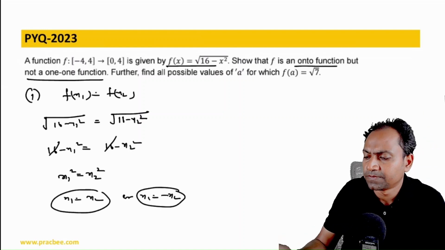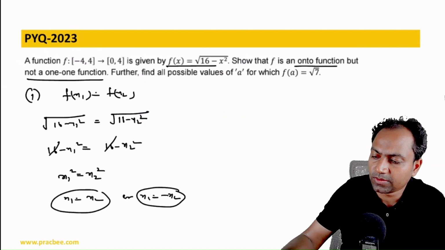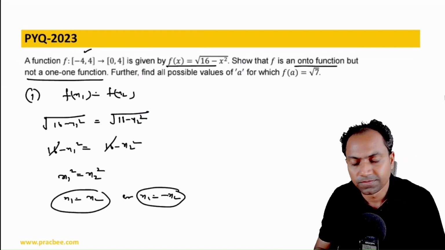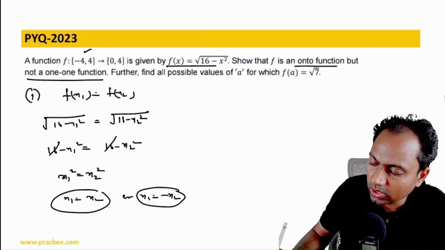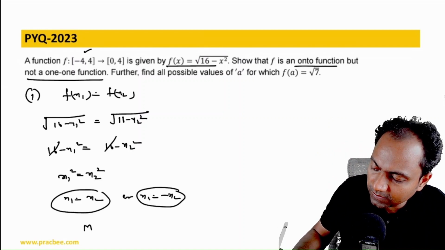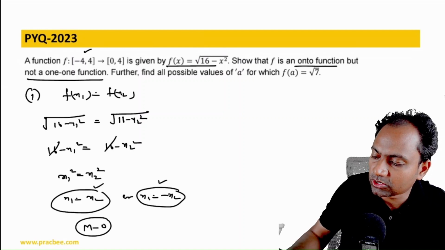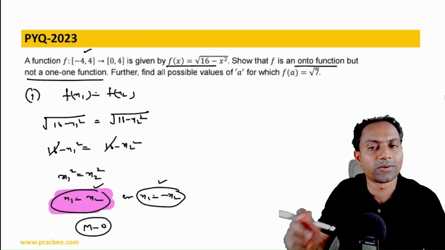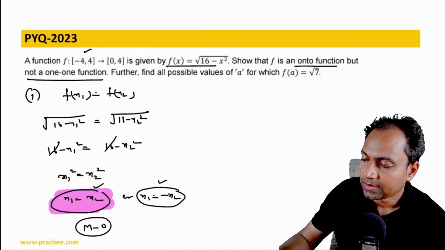This is definitely possible because -4 is also there, 4 is also there. So this function is not 1-1, because we are getting two conditions. Had we got just the first condition only, in that scenario we would call it 1-1. But since we are getting two conditions, it is not 1-1.